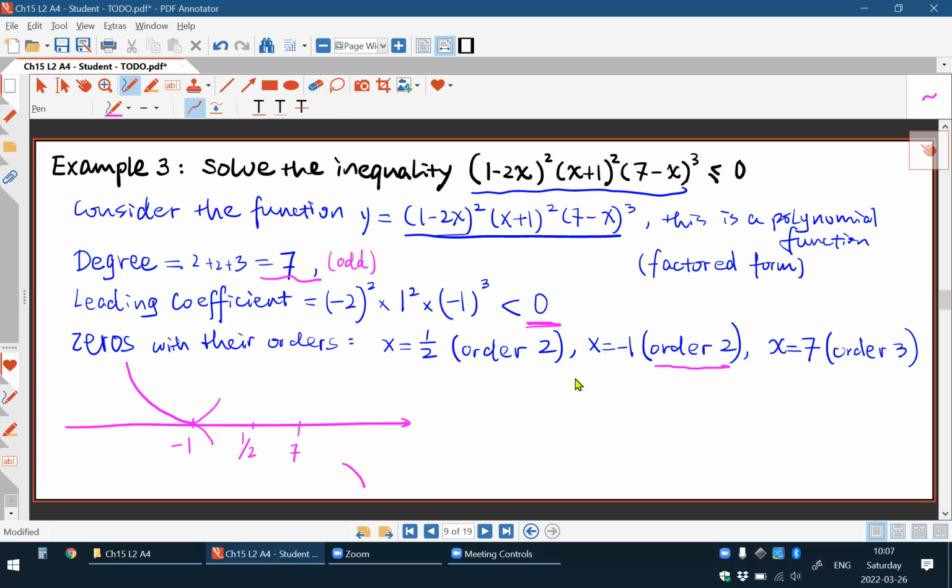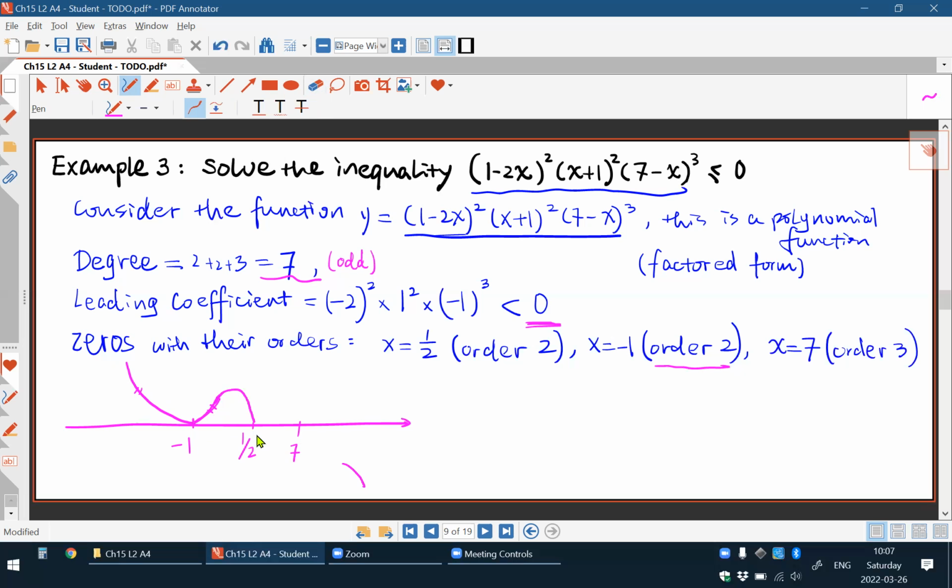Because the order is 2 at x equals -1, according to the sheet here, at any zero that has an even order, the sign of this function does not change. So it will bounce back in this direction, because before -1 it is greater than 0, and it does not change sign here. After -1 it should also be positive, right? So then it will go this way and come to the next zero here.